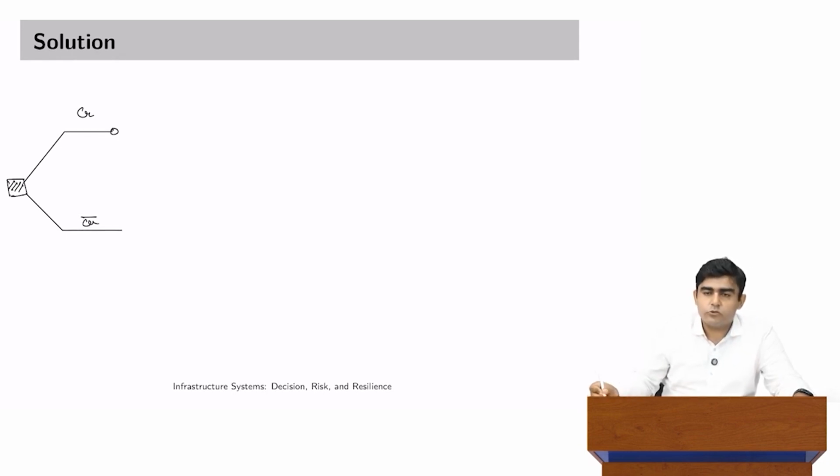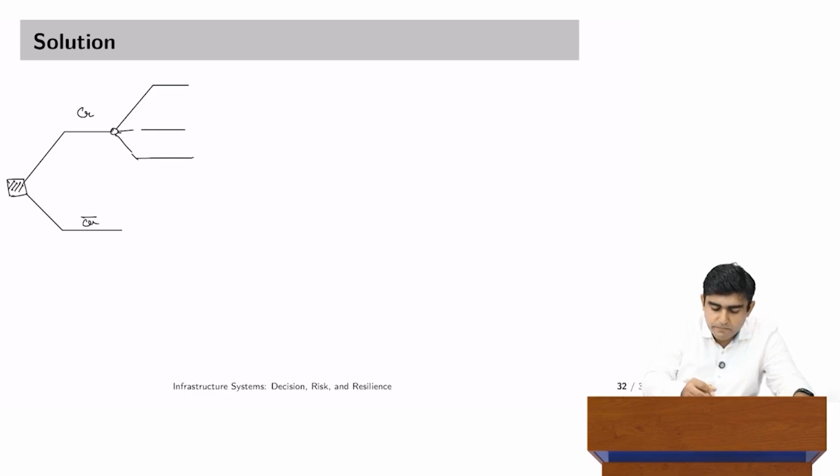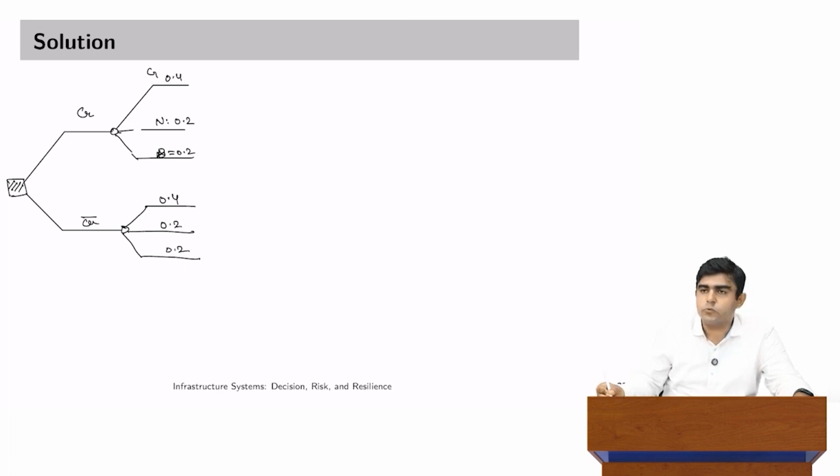This particular chance node is coming for the weather, where three possibilities are there. Weather can be good, weather could be average, or weather could be bad. So I would have good weather with 0.4 chance, I can have normal weather with 0.2 chance, and bad weather again with 0.2 chance. Similarly, a chance node comes here, and here I would have 0.4, 0.2 and 0.2.